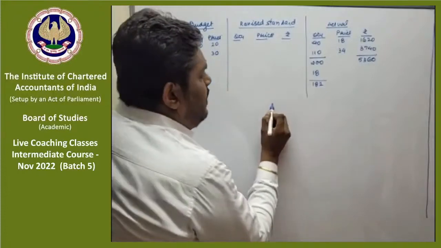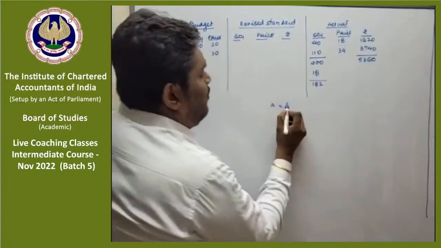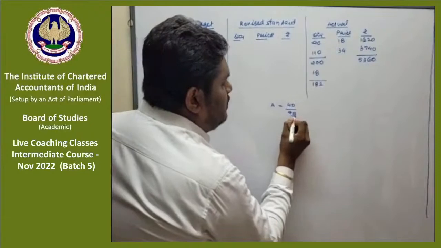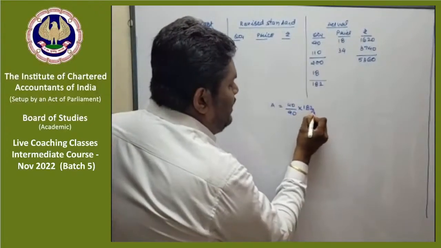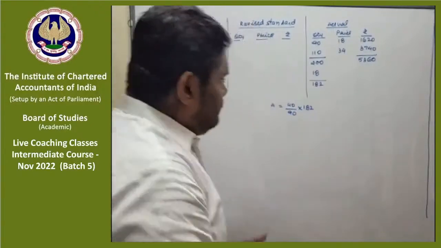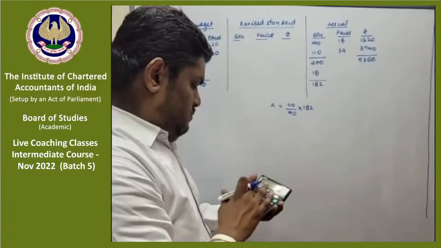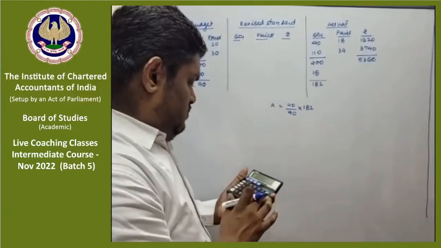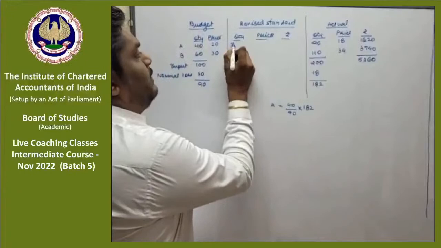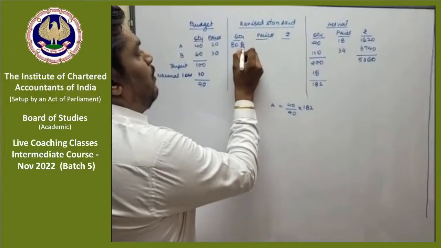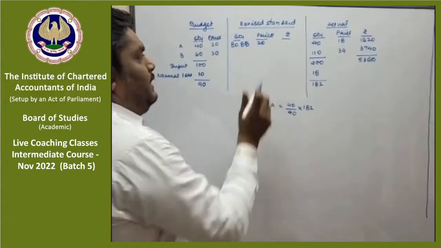When talking about A, 40 for 90 units. So for 182 units, how much? 80.88 at the rate of 20.